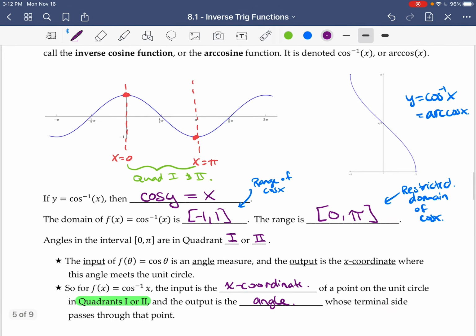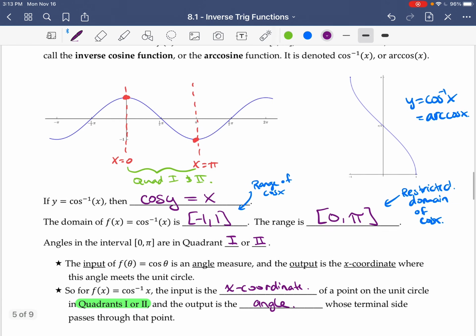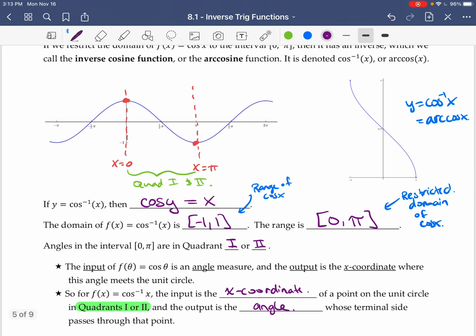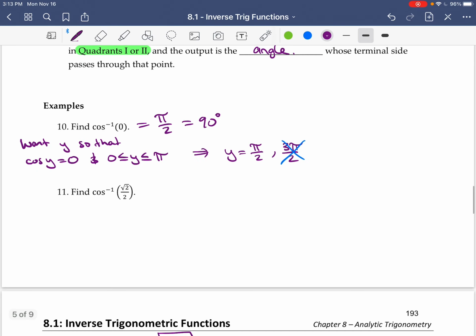Now we're moving into cosine. Again, we restrict the domain, but this time it's 0 to pi, so we're in quadrants 1 and 2. And here we want cosine inverse of root 2 over 2. So we want theta so that cos theta is root 2 over 2, and theta is between 0 and pi.